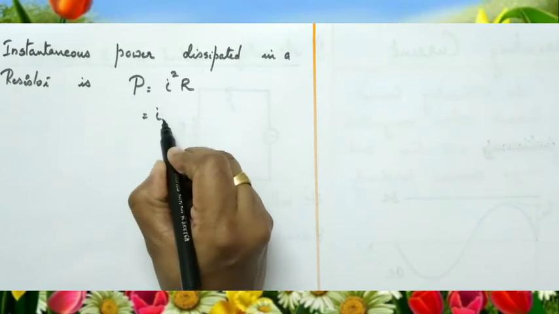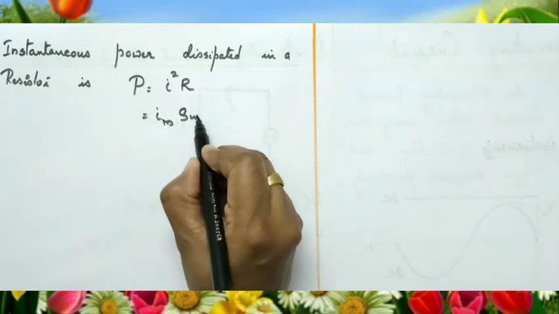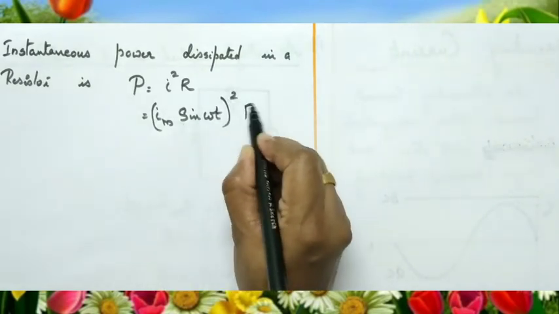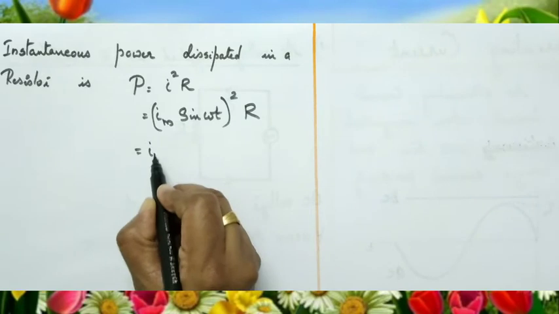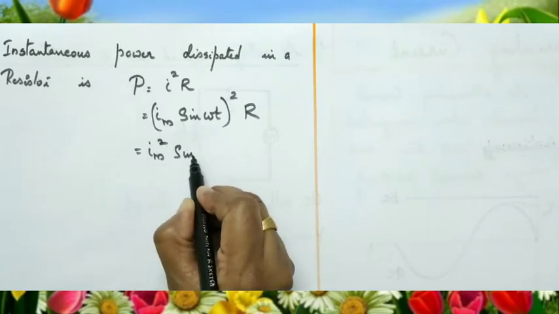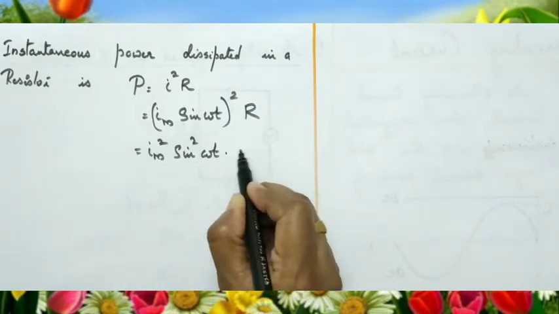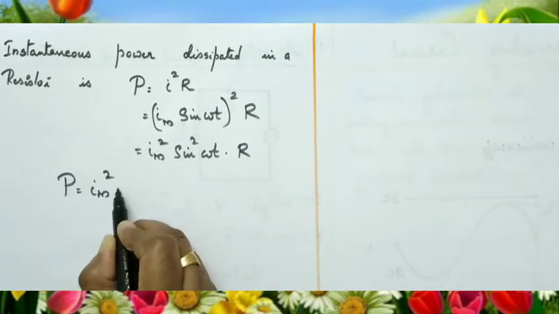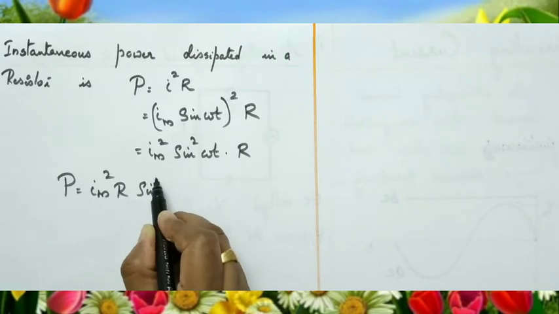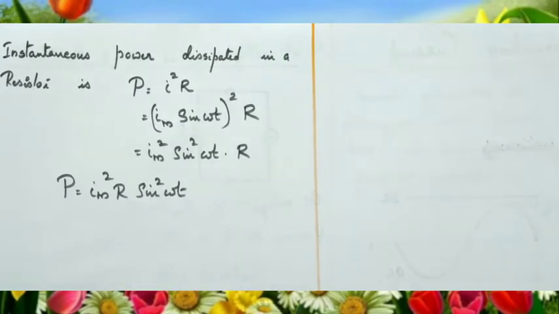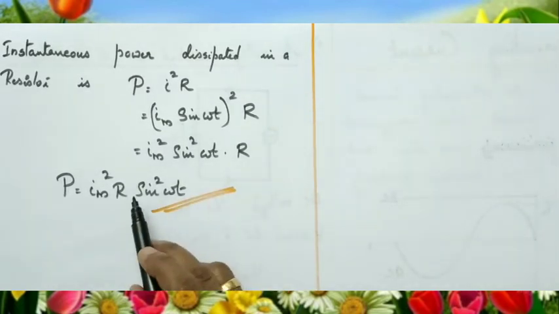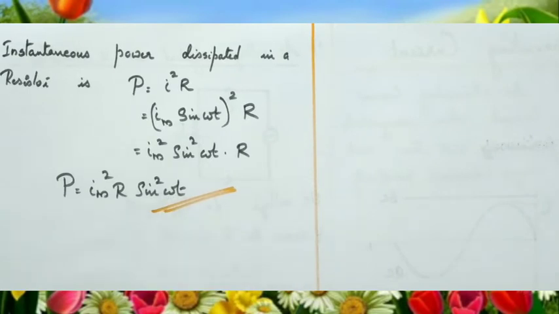We have derived I as Im sin omega t, the whole square, into R. So it is equal to Im square sin square omega t into R, or instantaneous power can be written as Im square R sin square omega t. This is the formula for instantaneous power. So instantaneous power dissipated in a resistor is P equal to Im square R sin square omega t.